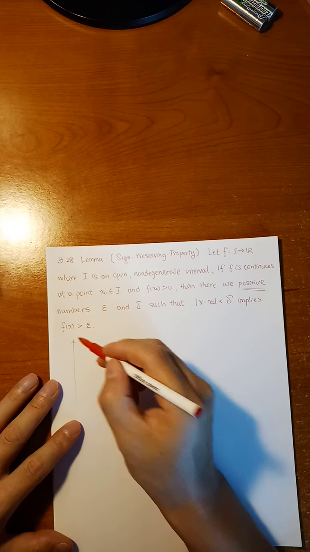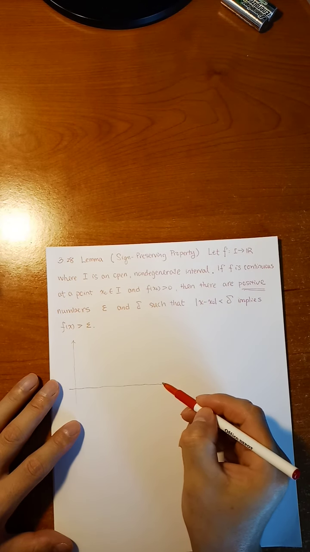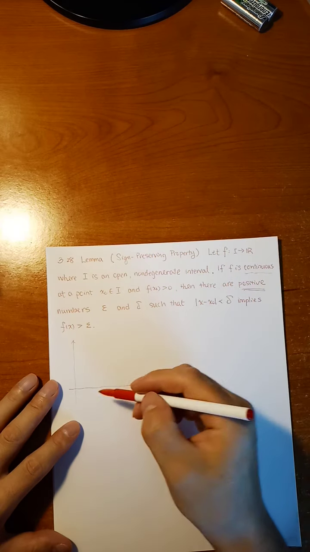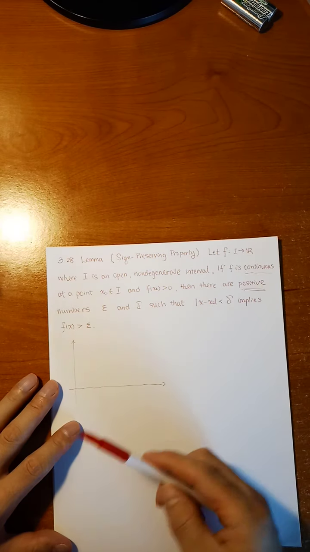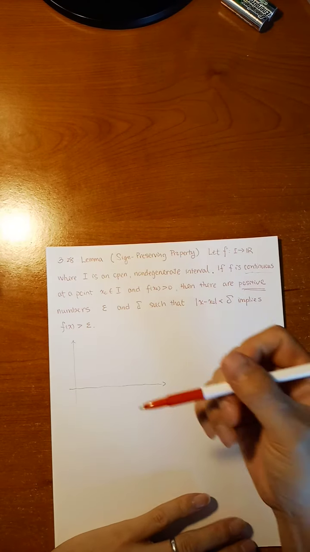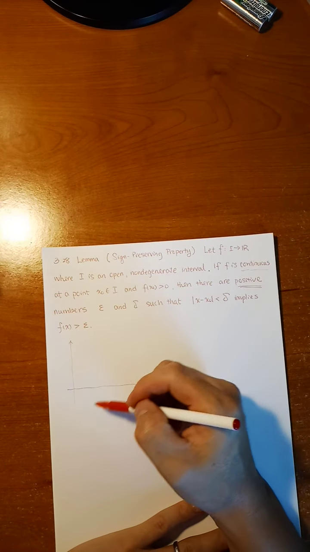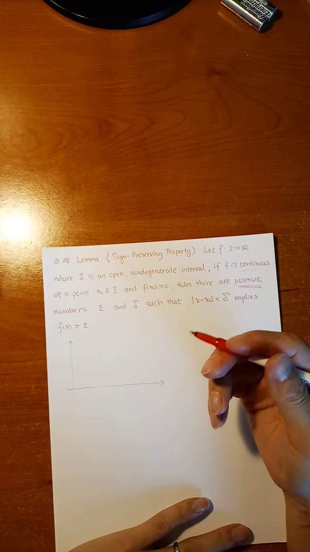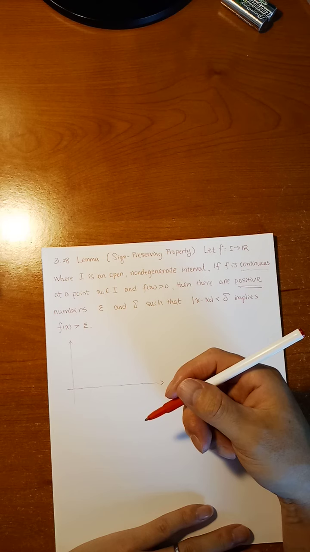So remember, we're talking about a continuous function. Continuous function means the graph is going to be connected. Well, it's like a line. We don't have connectedness so far. So a graph is like you can sketch it without lifting your pencil. That's normally what people can describe.